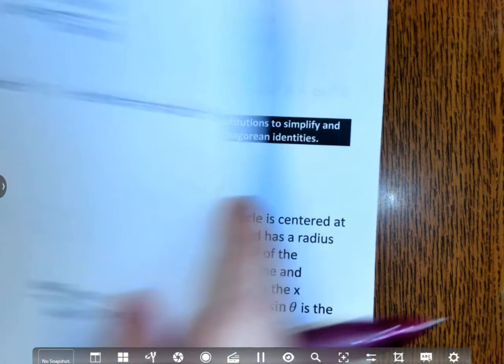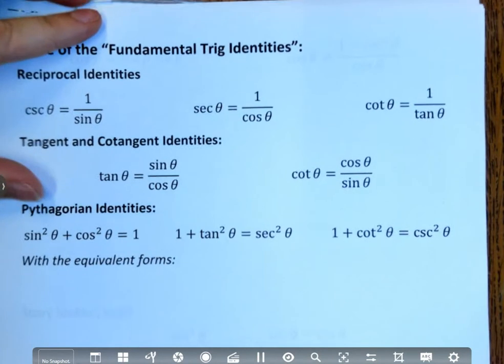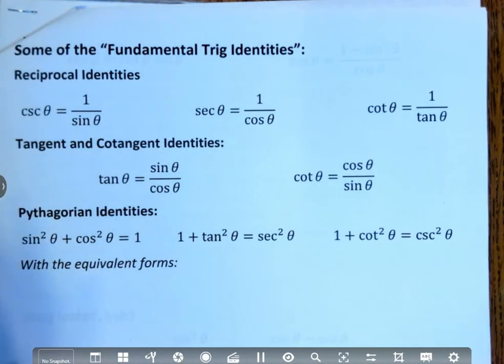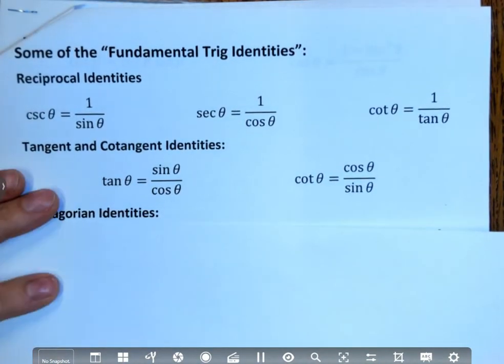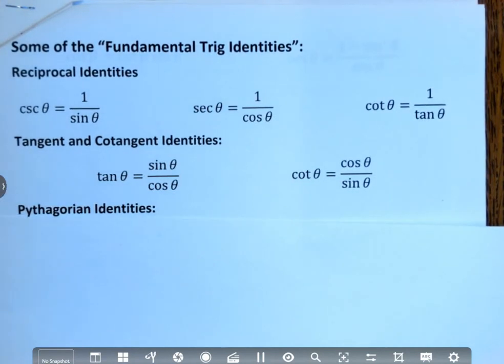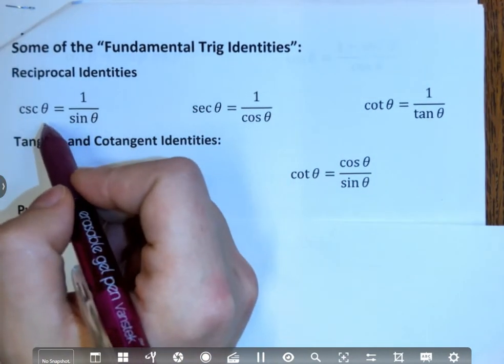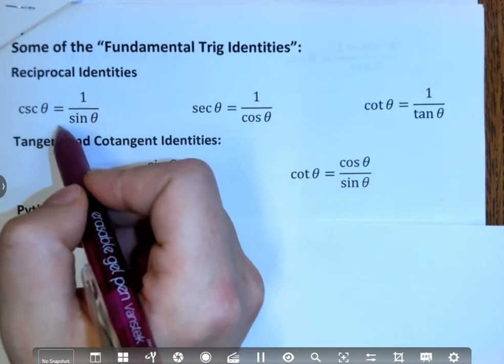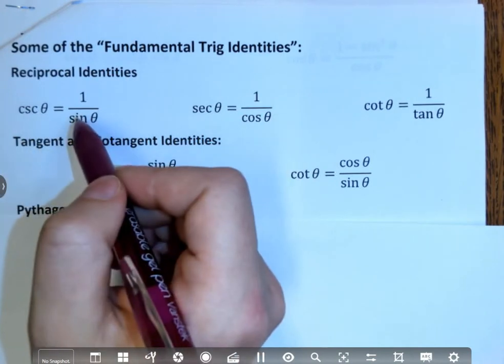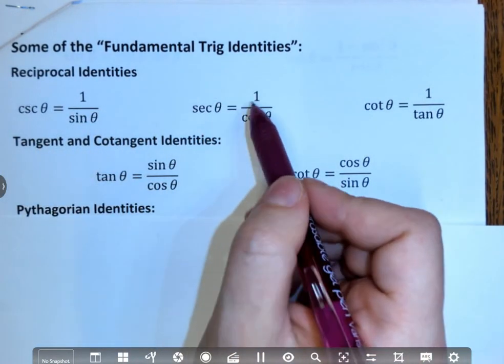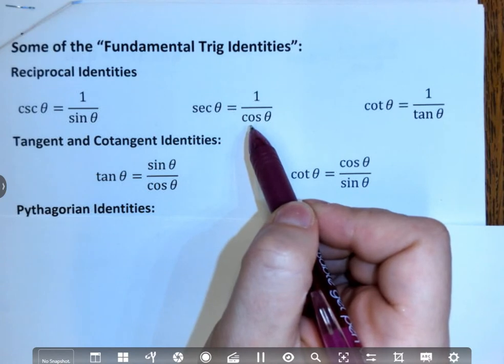So we're going to start with stuff that shouldn't be too different for you. And these are what are called your fundamental trig identities. It's like we know that cosecant is the reciprocal of sine. We know that secant is the reciprocal of cosine.